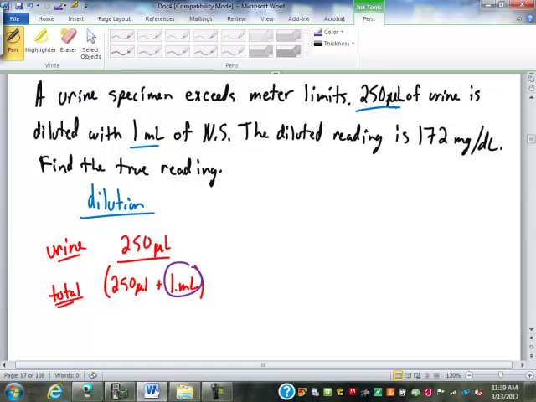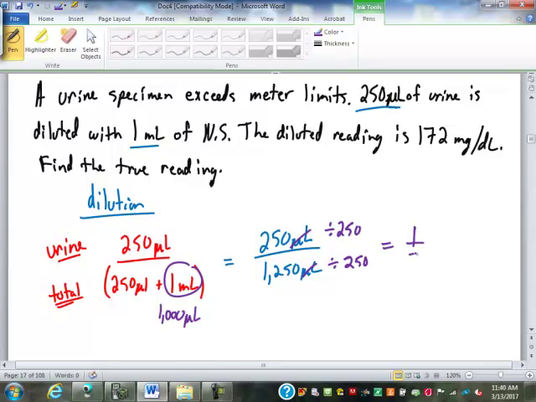So I'm going to convert that 1 milliliter to 1,000 microliters. So that gives us 250 microliters over 1,250 microliters. And as we reduce that, microliters cancel out. Both of those numbers can be divided by 250. Gives us a 1 in 5 dilution.